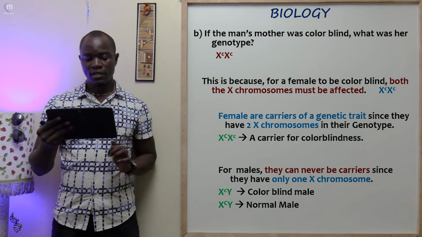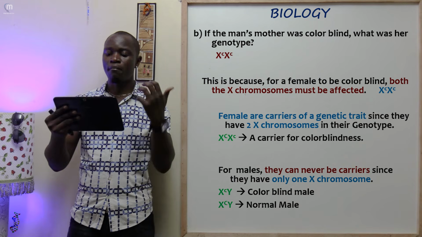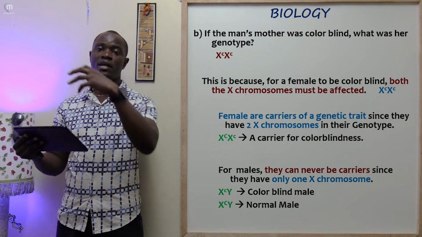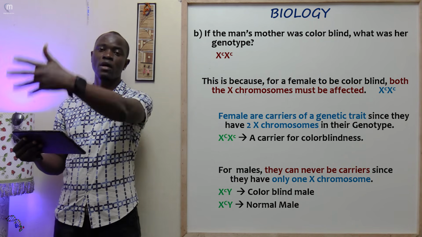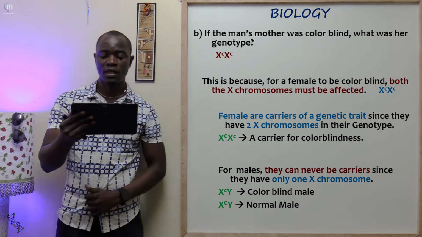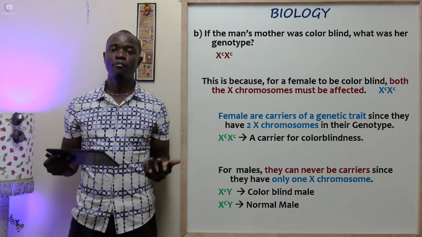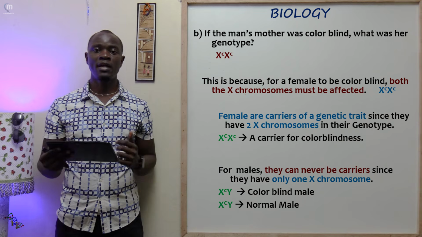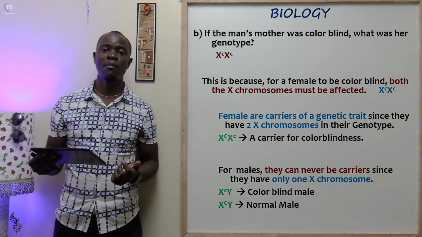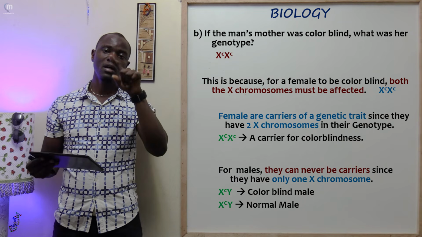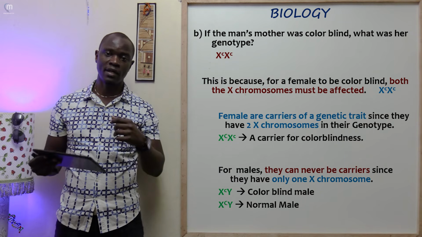So question B is asking, if the man's mother was colorblind, what was her genotype? So this is simple. If the man's mother was colorblind, it means that the genotype of the mom will be X capital C and X small c. The mom was a carrier.